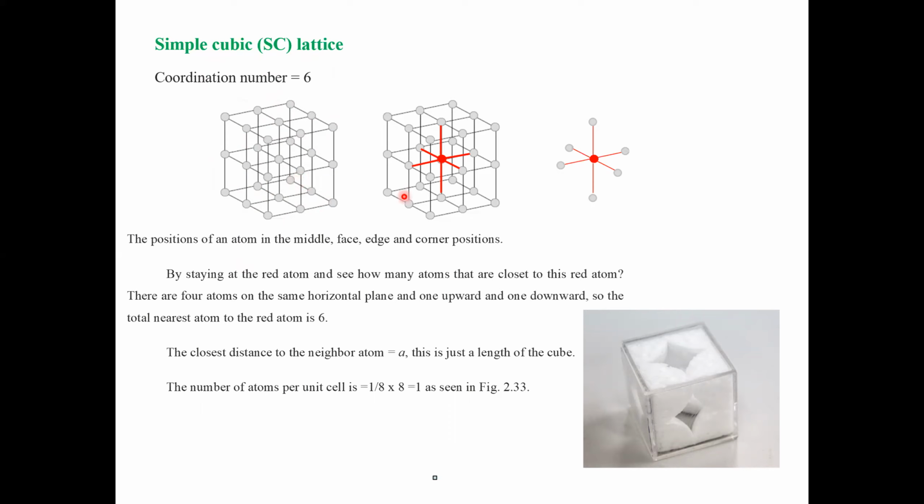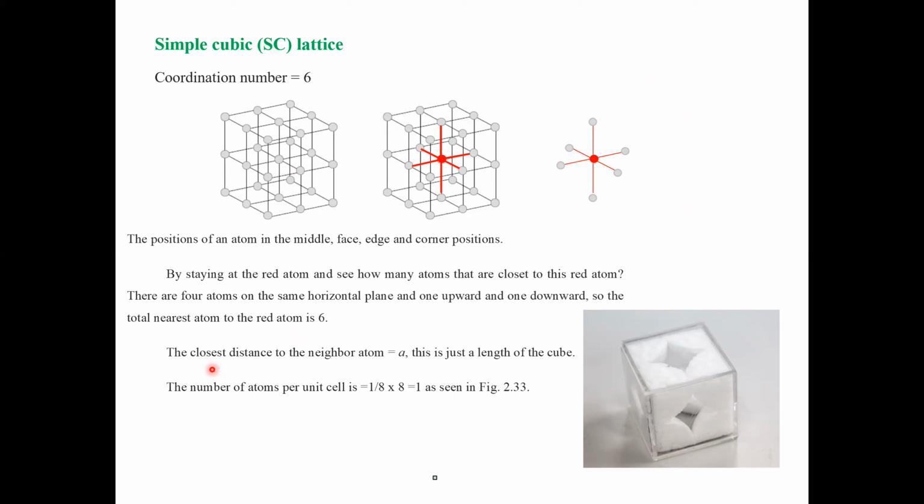If I sit right here, we count 1, 2, 3, 4, 5, 6 in all these figures. So the total will be 6. So the coordination number for the simple cubic lattice is 6.